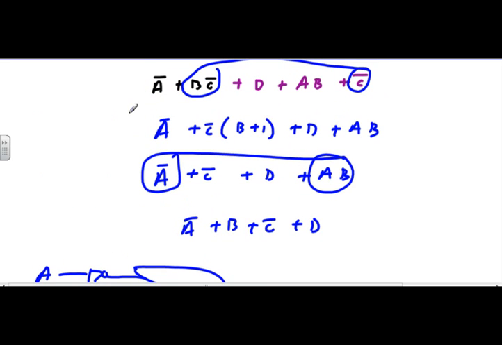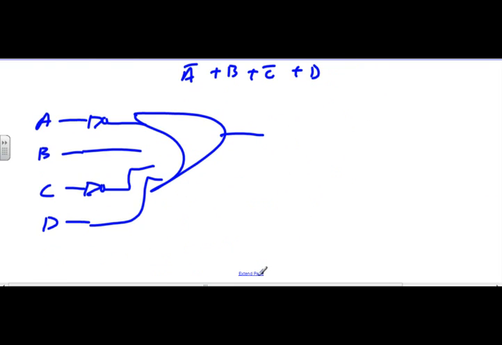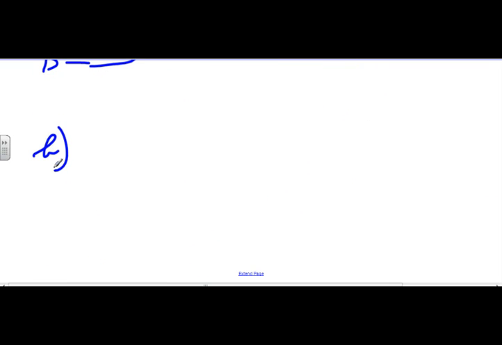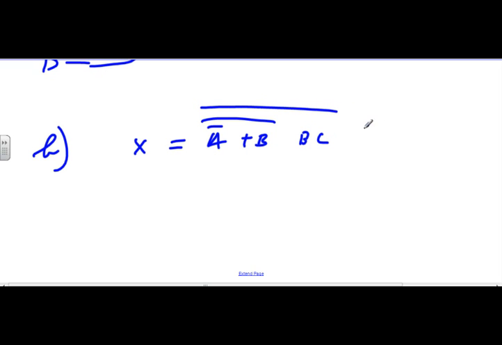All right, so we're going to come down and do the B guy. X equals (A' or B')', B, C', B'C.